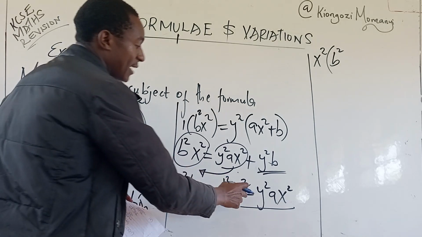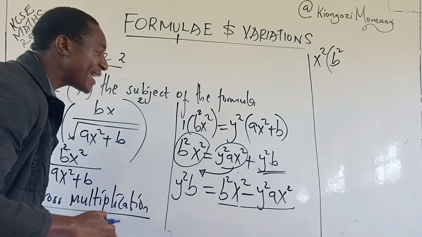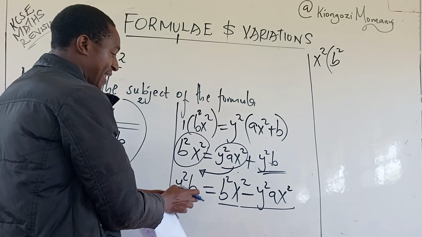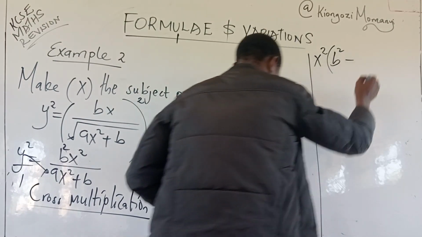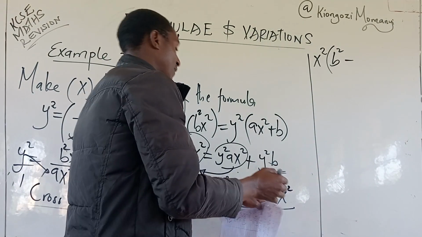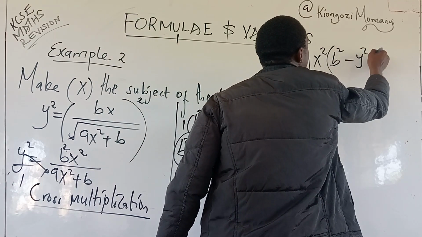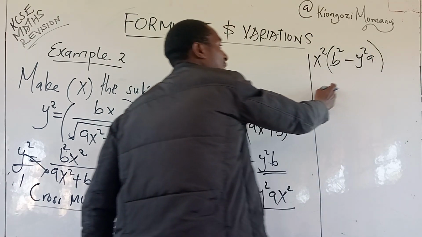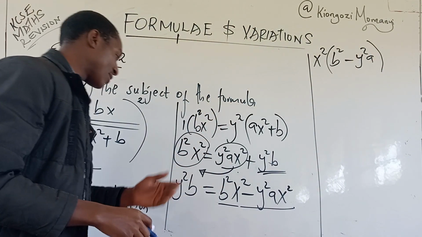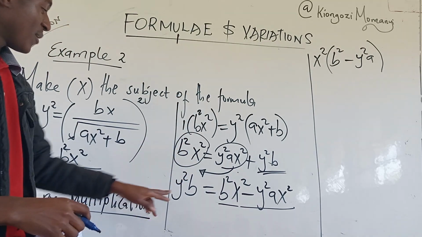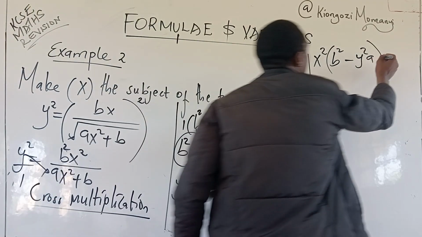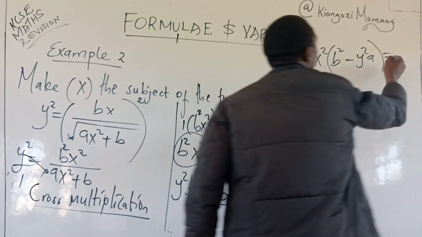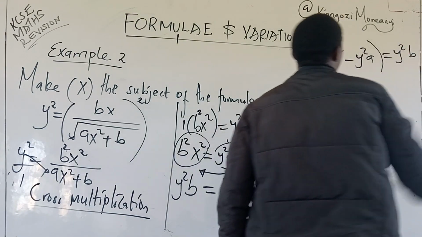The other one is y squared ax squared divided by x squared remains y squared a. You have factorized the right hand side, and now the other part remains the way it is equals to y squared b.